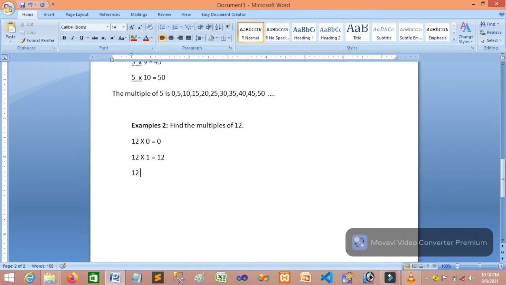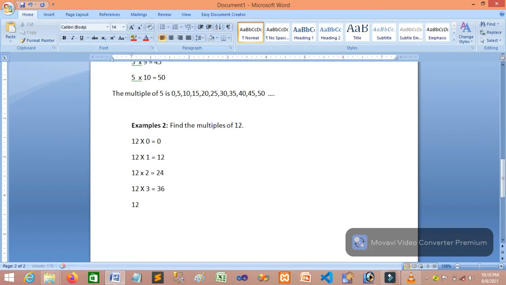Then after multiplying by 2, we get 24. 12 multiplied by 3, 3 twelves are 36.